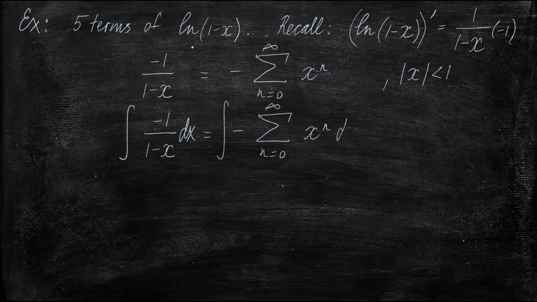Technically I'm putting it here because we're integrating the entire series. But the theorem that we just discussed says that to integrate the entire series, I can just integrate it term by term. So on the left hand side we have exactly what we wanted.